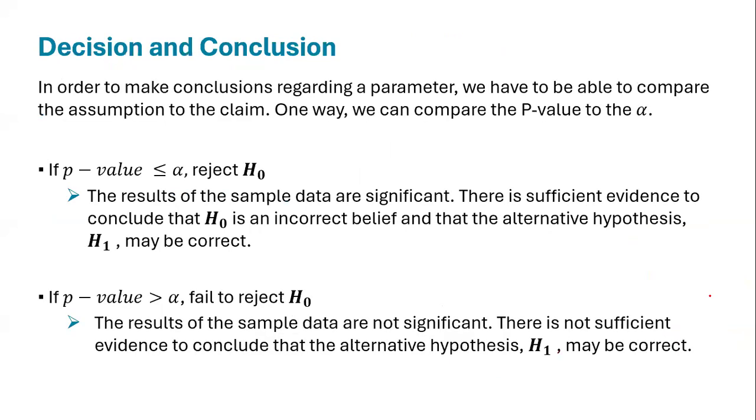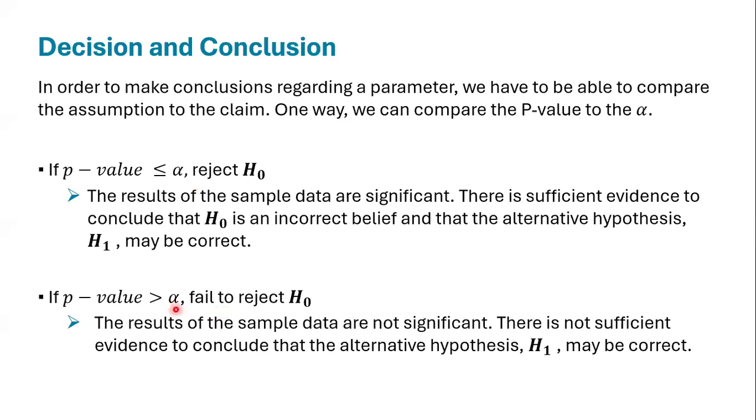Okay, now after finding the p-value, to make our decision, we need to compare the p-value with alpha. When you find the p-value, if the p-value is less than or equal to alpha, you always have to reject the null. But if the p-value is greater than alpha, you fail to reject the null.